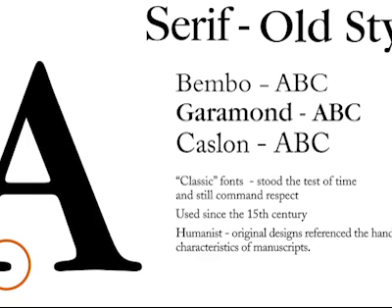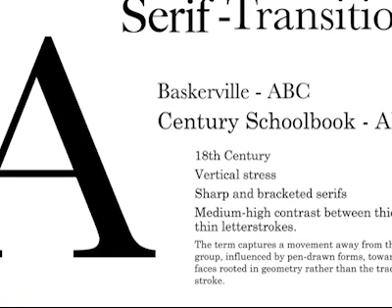Okay, so then the serif evolved as time went on to have more contrast between the thick and the thin letter strokes. This is transitional, which came after the old style serif. This is more 18th century. And I know the movie got some of this, so this might be a little bit repetitive, but I just want to make sure that you all hear this.